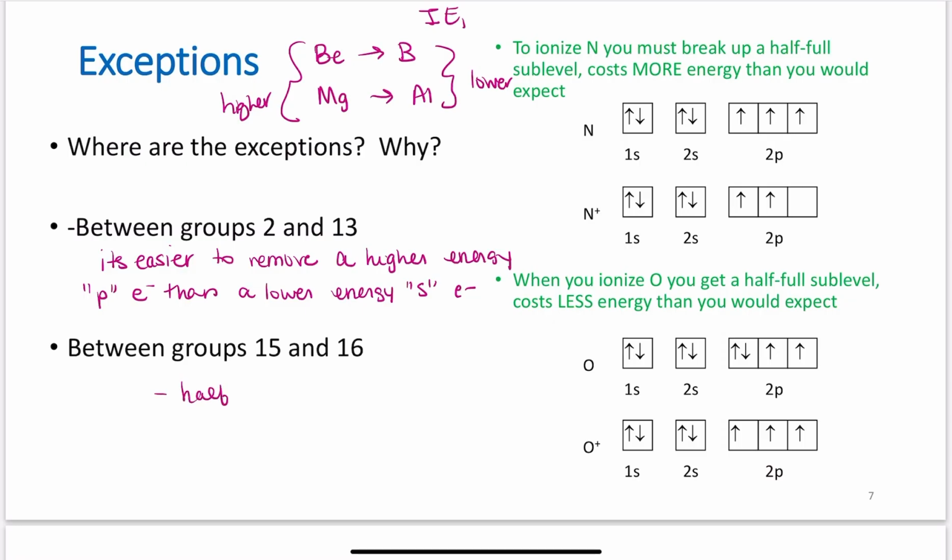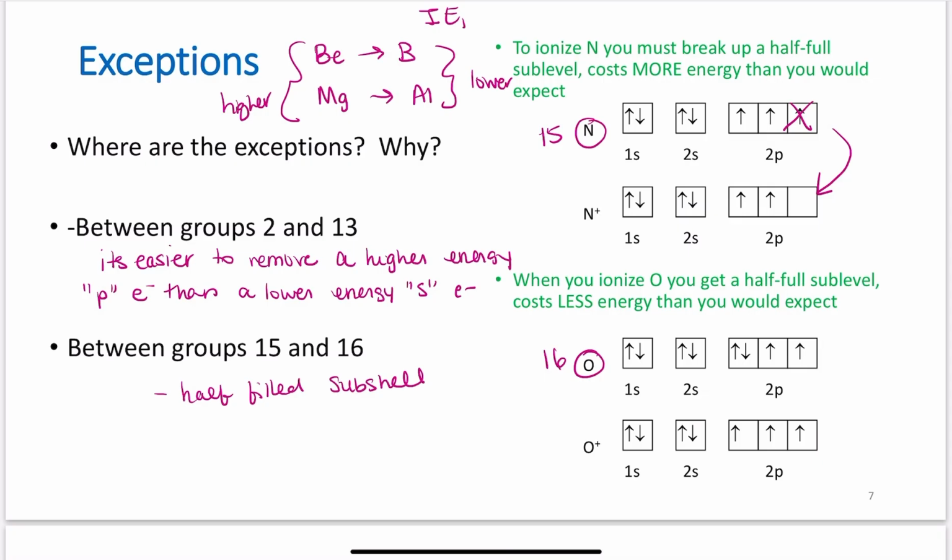Between groups 15 and 16, I also see this difference, and this is because of a half-filled subshell. That's what the pictures over here are showing. So between groups 15 and 16, that would be like nitrogen going to oxygen. Nitrogen is part of group 15, oxygen is part of group 16. If I look at nitrogen, to remove its first electron, I have to remove this electron, giving me this. That is disrupting a half-filled shell.